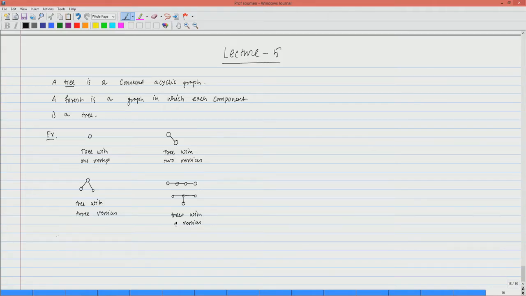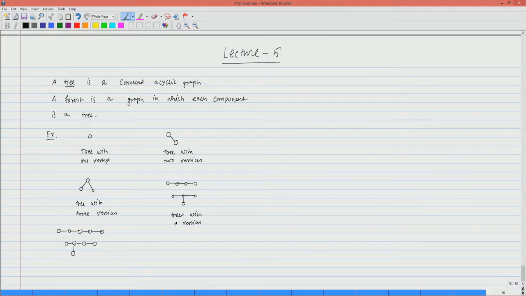And so, this is one tree with 5 vertices, and this is another tree with 5 vertices.